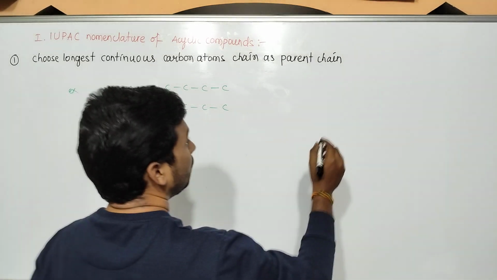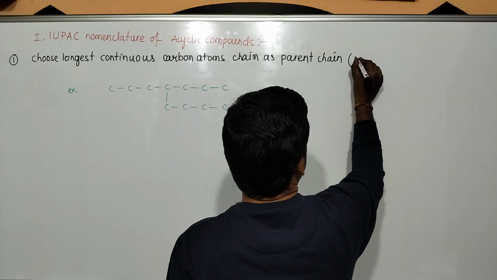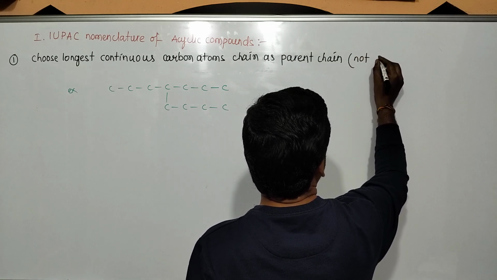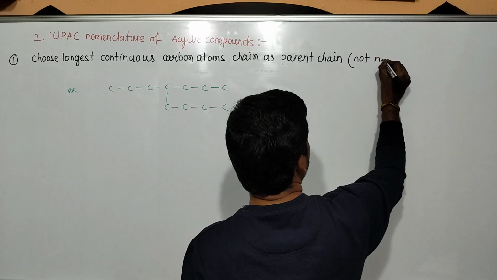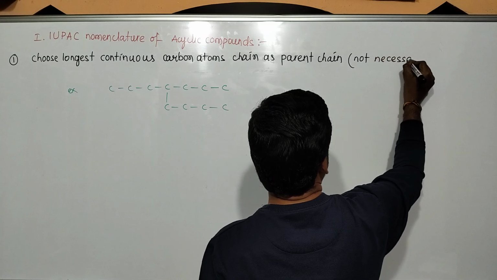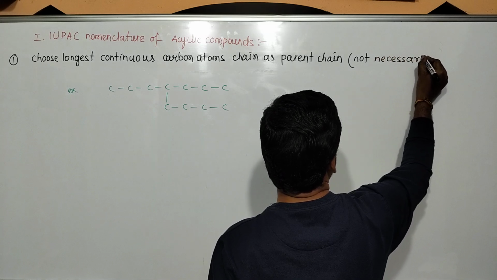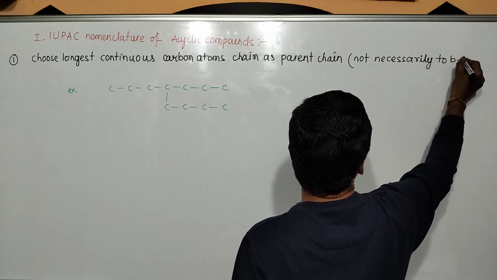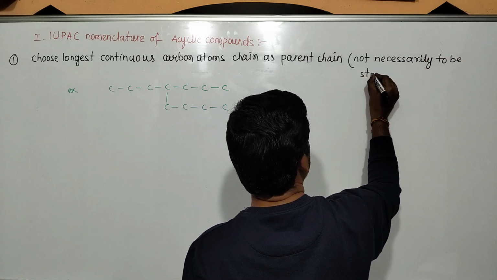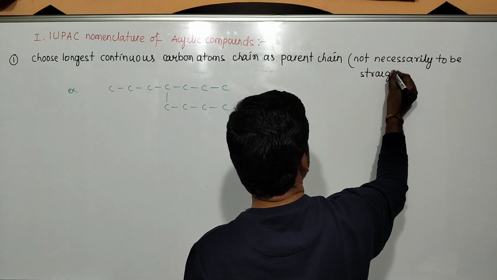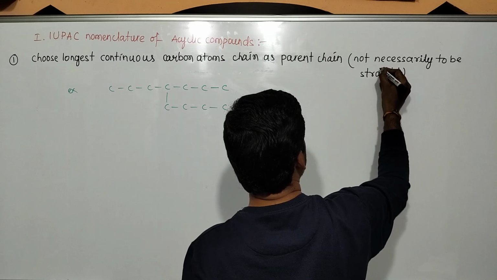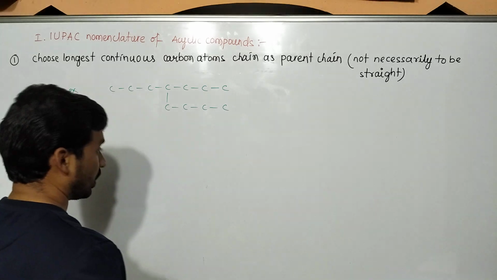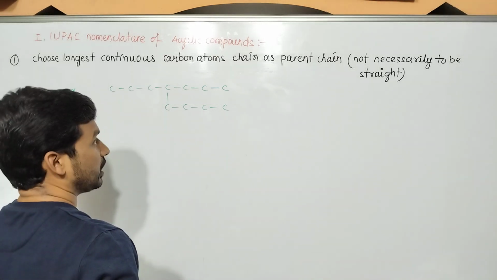This parent chain need not necessarily be straight. It may be straight or it may be branched, anything. So it is not necessarily a straight chain.